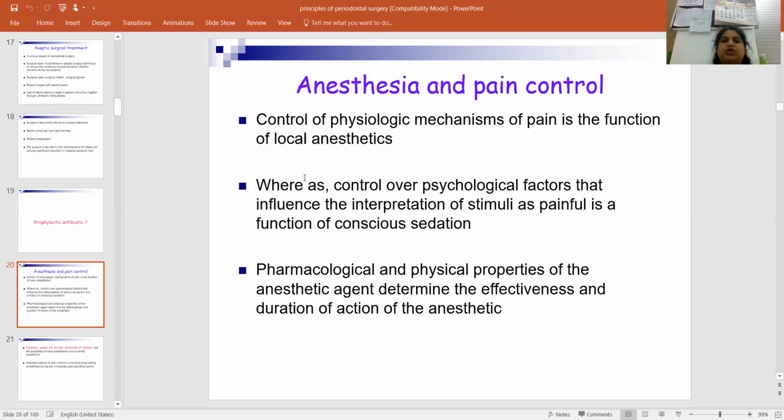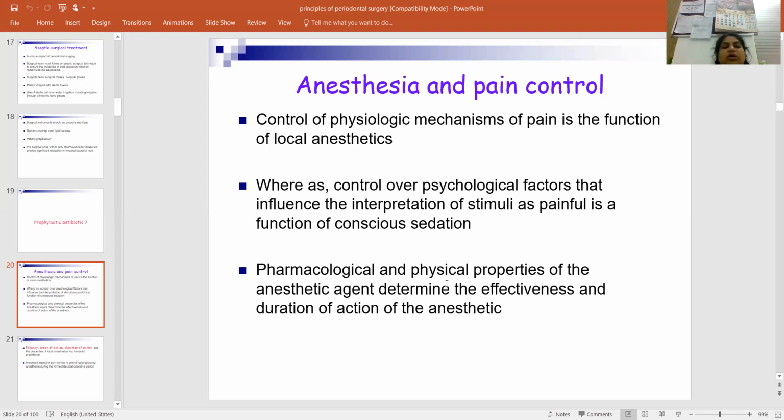Anesthesia and pain control. Control of the physiological mechanism of pain is the main function of local anesthesia, whereas control over the psychological factors that influence the interpretation of stimuli as painful is a function of conscious sedation. The pharmacological and physical properties of the anesthetic agent determine the effectiveness and duration of action of the anesthetic.